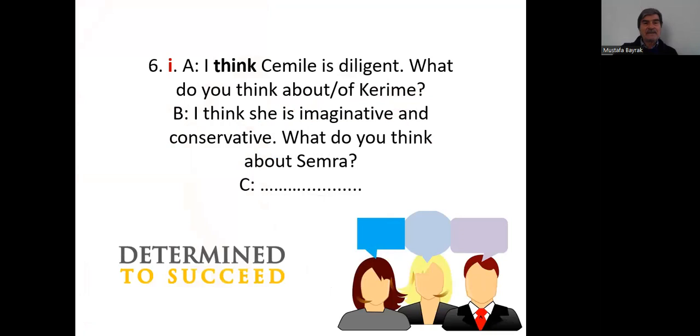Okay, now let's see them one by one, starting with Roman number 1 and ending with, I think, Roman number 8. Let's start with think, the most famous one. I think Cemile is diligent, industrious, hardworking. What do you think about, or what do you think of Kerime?